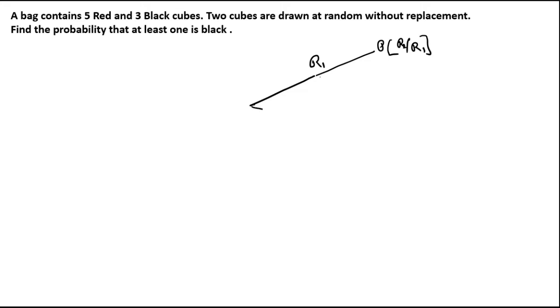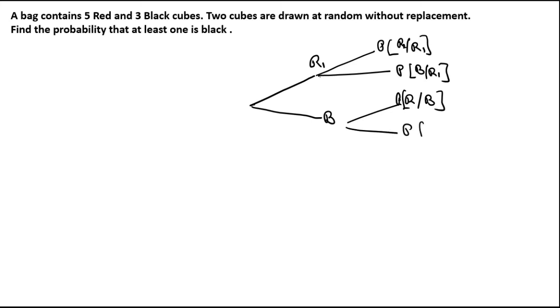Or the first is black, then here again red given black, or probability of black given black. These are the possibilities. We have already marked them in the previous case.